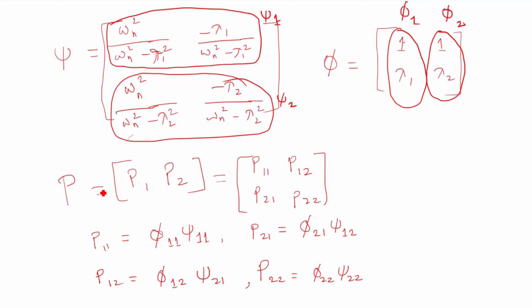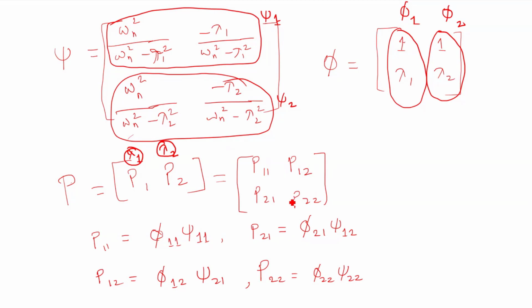So now in order to find the participation matrix, here we have two vectors in the participation matrix. One is P1 and P2 corresponding to each of the modes, right? So corresponding to each of the eigenvalues or each of the modes. So P1 and P2, right? The elements of P1 are P11, P21, and the elements of P2 are P12 and P22, right?